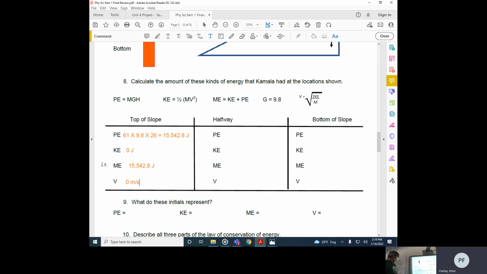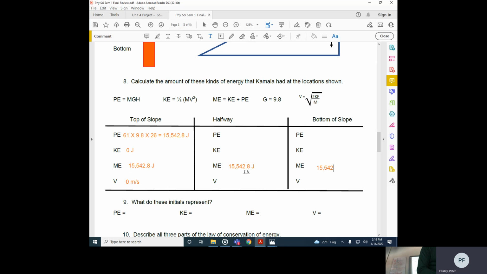Let's see, what else can we do? Mechanical energy. Well, wait a minute. The law of conservation says that mechanical energy stays the same. So can I just copy that all the way across? Mechanical energy is always going to be the same.